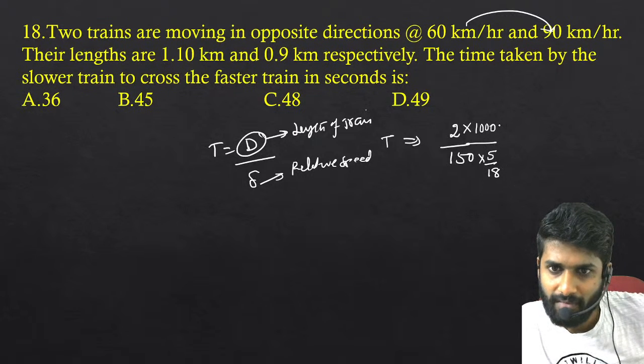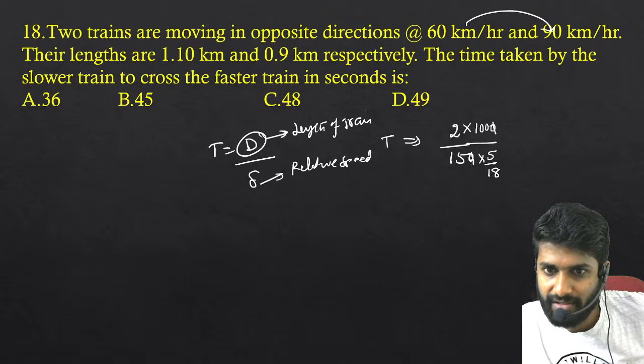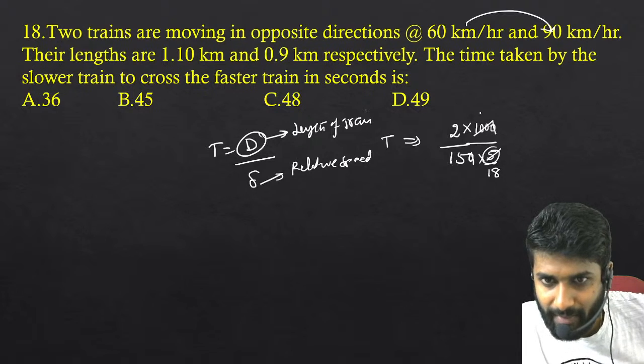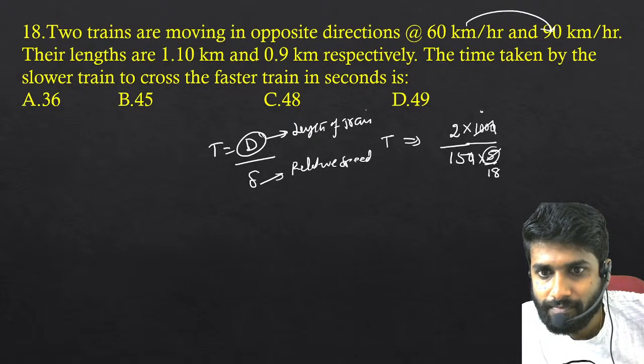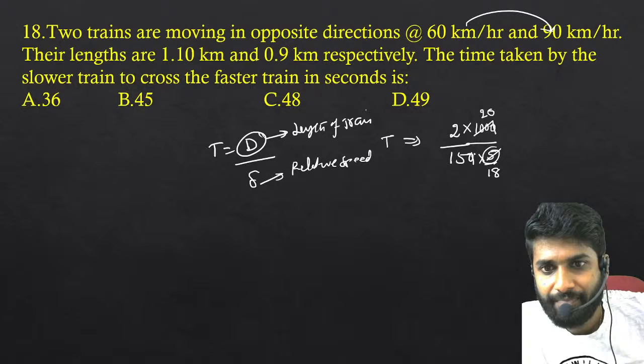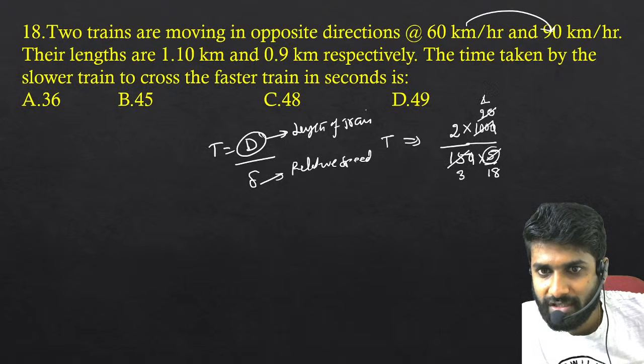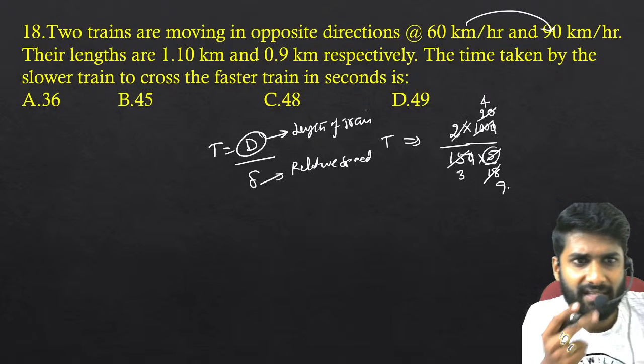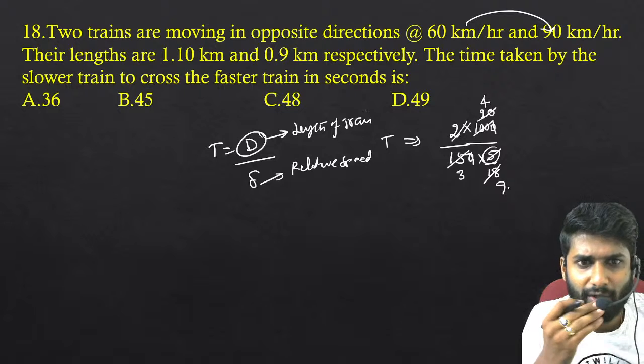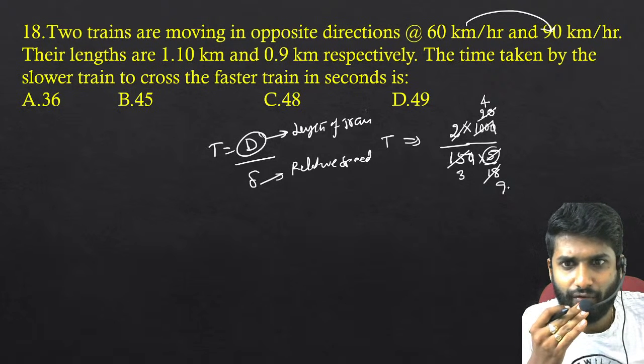Now I cancel the zeros, no problem. The relative speed is 90 plus 60, which is equal to 150.